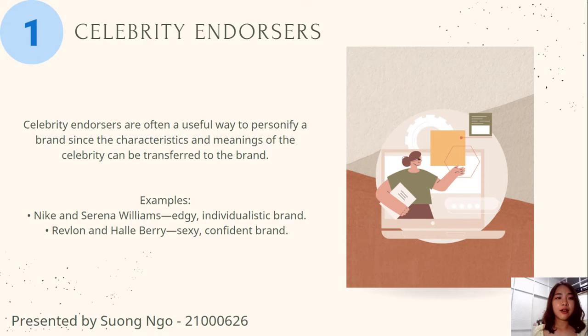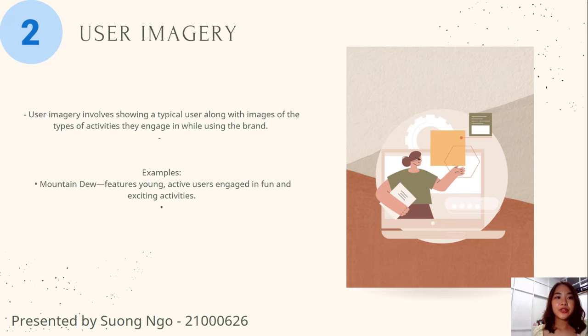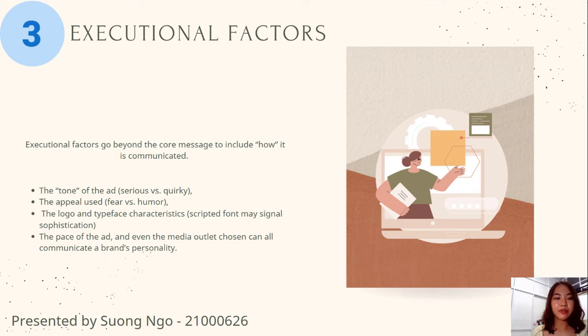The first part of personality in marketing practice is that celebrity endorsers are often a useful way to personify a brand, since the characteristics and meanings of the celebrity can transfer to the brand. So Nike is an individualistic brand, while Revlon is a confident brand. User imagery involves showing a typical user along with the types of activities they engage in while using the brand. Executional factors are the tone of the ad, the appeal used, and the logo typeface characteristics, for example, to go beyond the core message to how it is communicated.